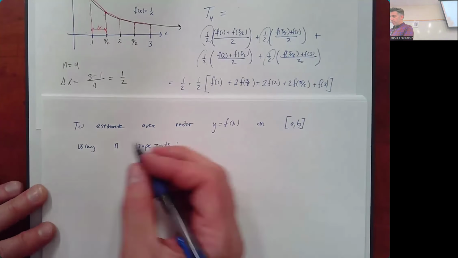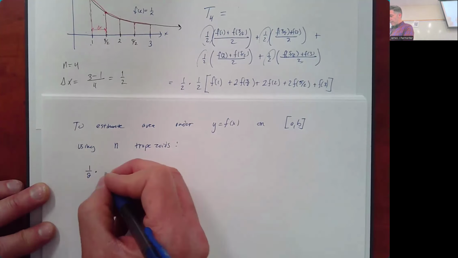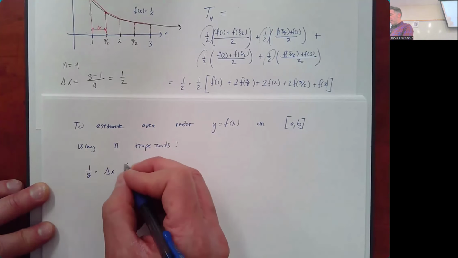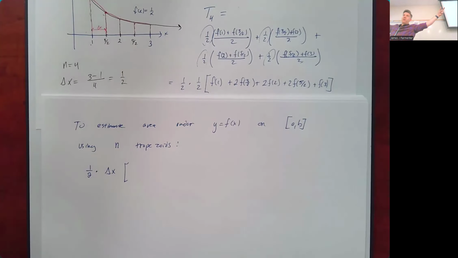So it's always going to be 1/2 times your delta x times, and here's the pattern that I always remember. It's a 1, 2, 2, 2, and so on, 2, 1 pattern, meaning your ends are both coefficients of 1 and everything in the middle has a coefficient of 2.